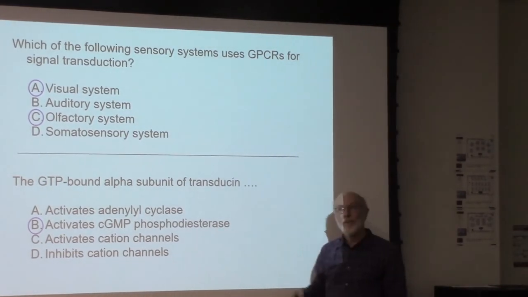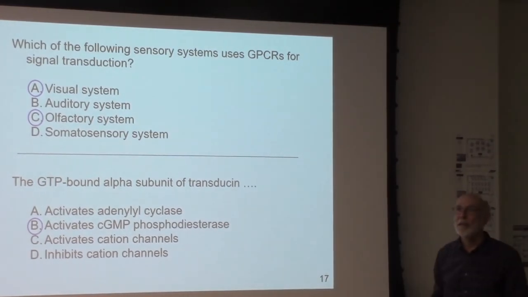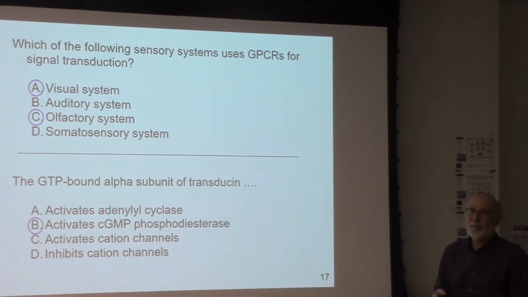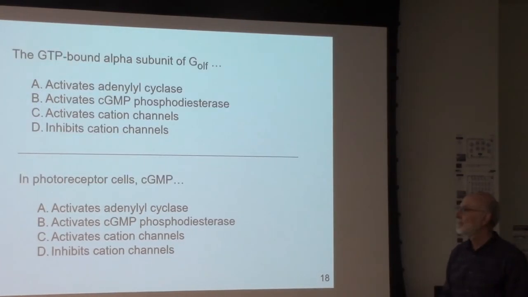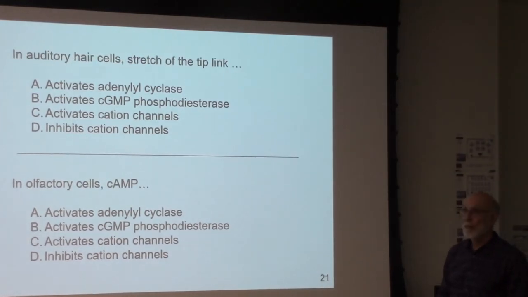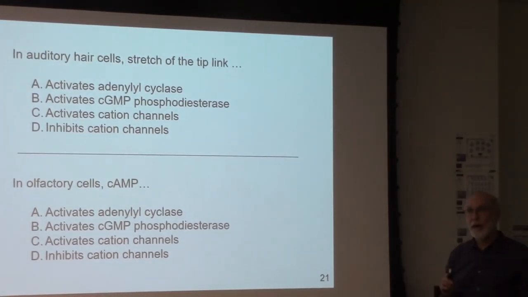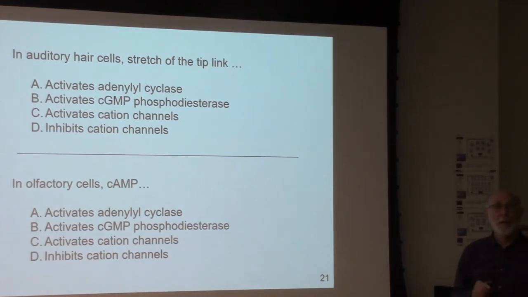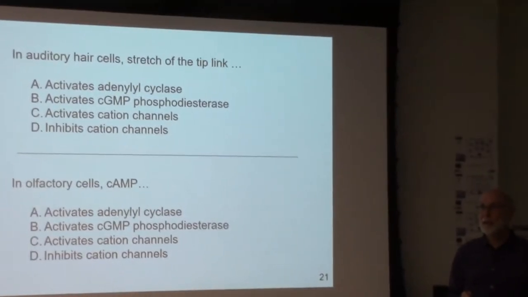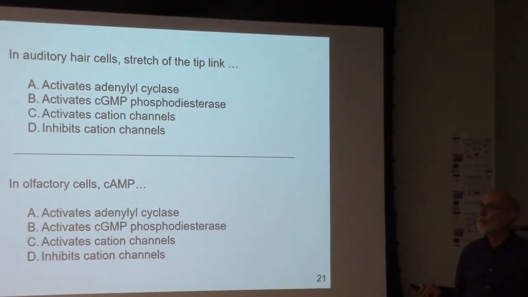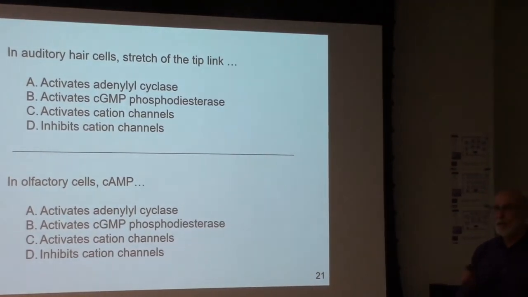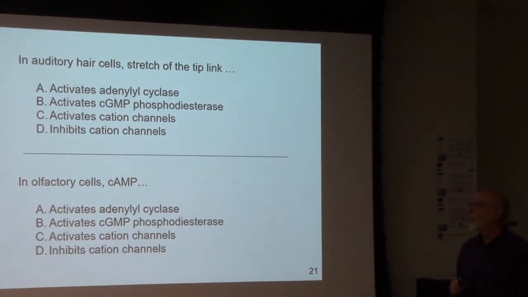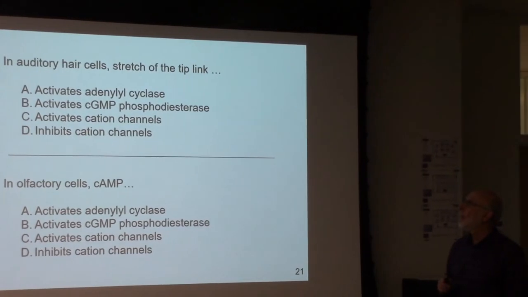So this physiology is something to learn. These clickers right now are focusing on physiology, which will be on the exam, but won't be on the quiz. Just want to be clear about that.